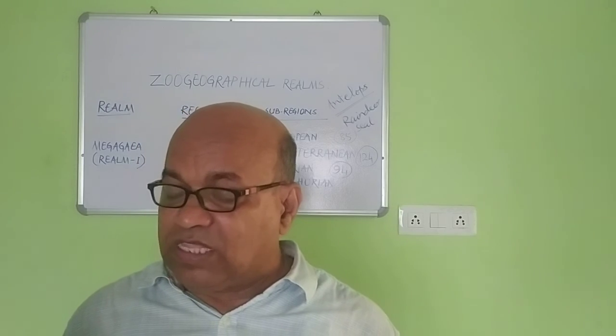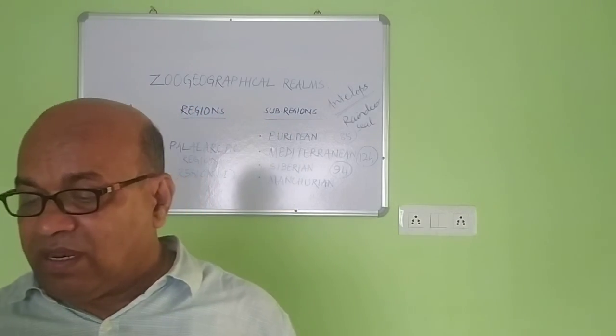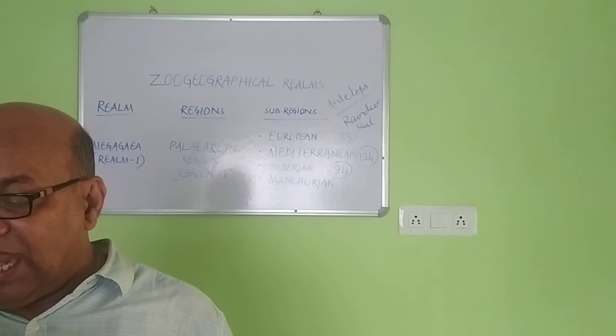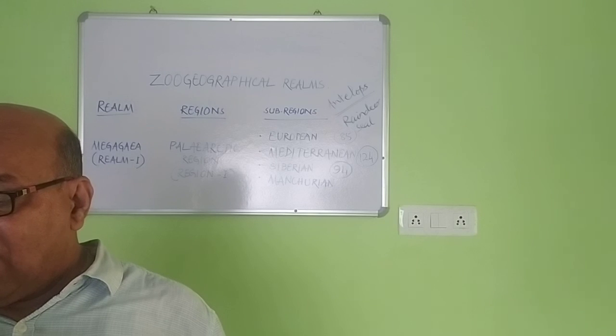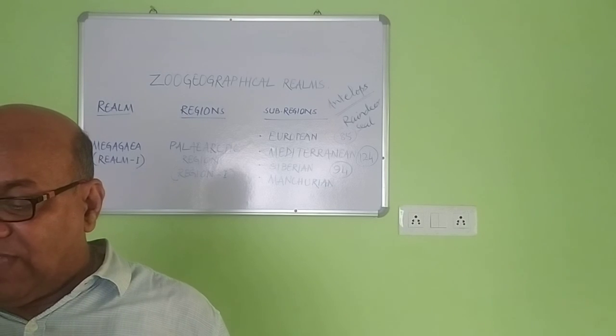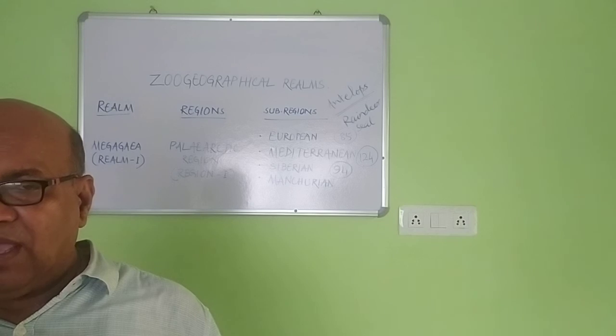Mammals like the Tibetan langur, a monkey-like animal, the great panda, and the Chinese water deer, called Hydropotes, are the unique organisms of this region. Okay, thank you all.